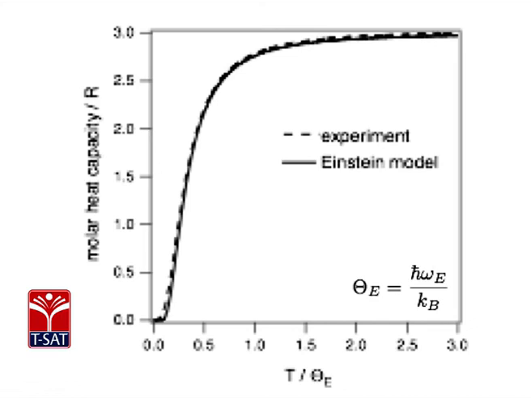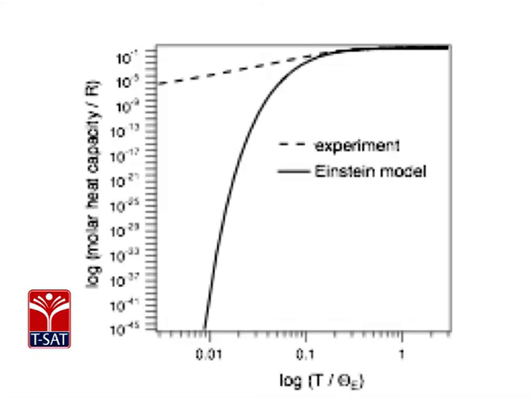We will observe that at very low temperatures the Einstein model doesn't work. Here the specific heat of solids is empirically called the T cube law. Hence, you will find experimental is this one and the Einstein model is this one.